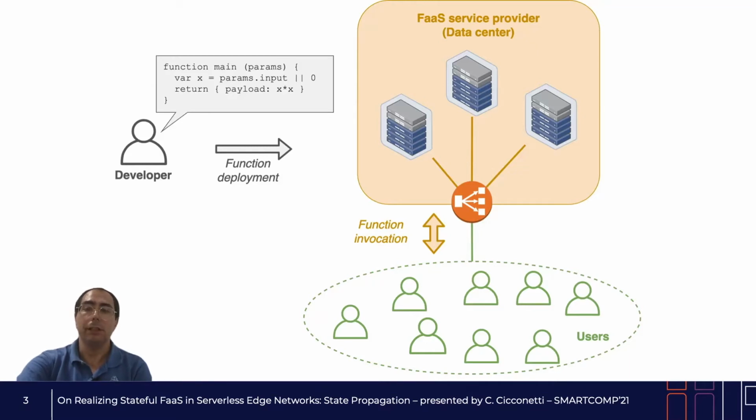The key advantage for the developer here is that they do not need to care or understand what happens for enabling the scalability of the service, and they can focus on writing the code alone. On the other hand, from the point of view of the users of the service, everything is transparent. They simply invoke those functions, they provide input as function arguments, and they get back the result that they want.